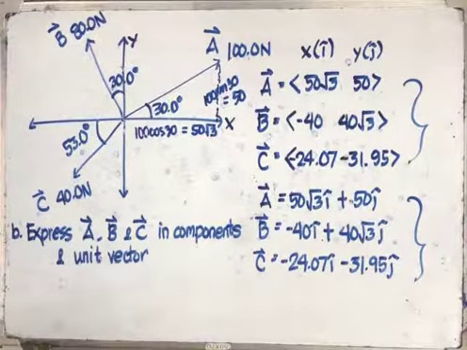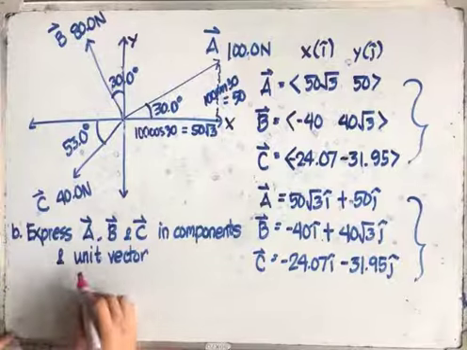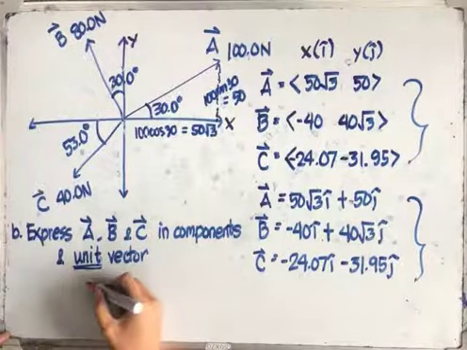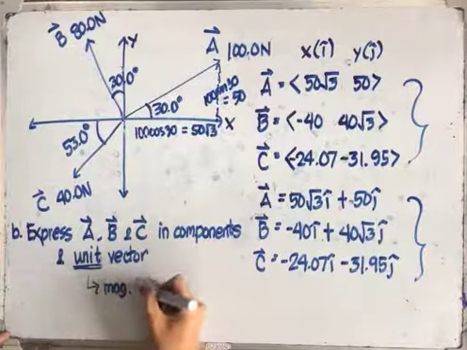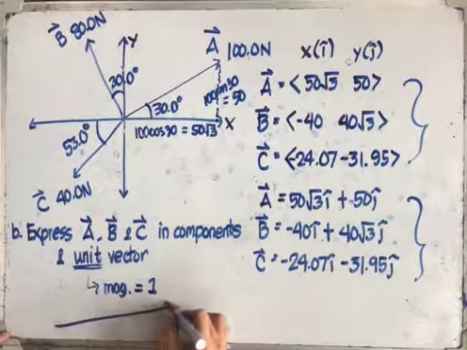And for unit vector naman, ano bang gagawin natin sa unit vector? So, ganito ang concept ng unit vector kasi, from the name itself na unit siya, it is a vector with a magnitude equal to 1. Magnitude should be equal to 1. So, halimbawa, you have a vector na ganito yung length niya.